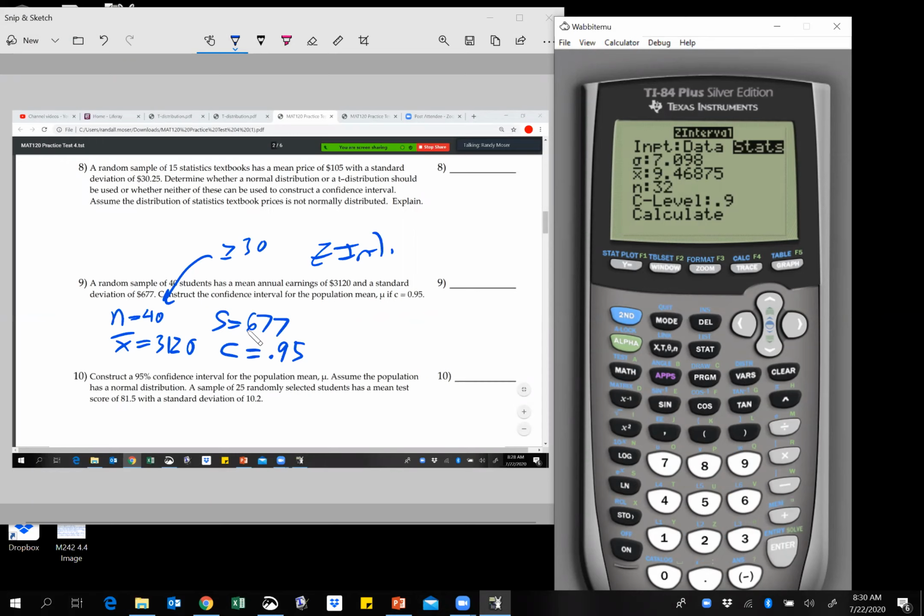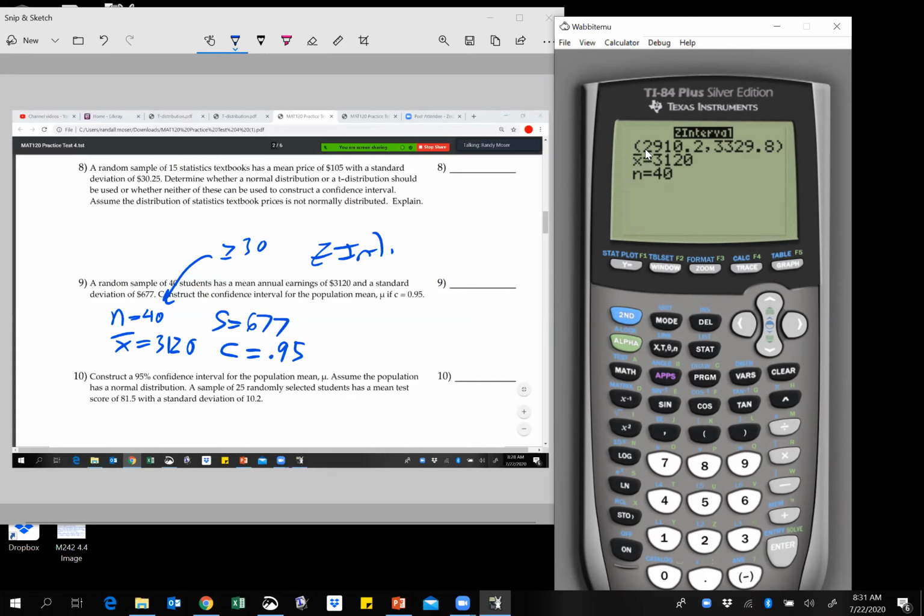We know technically it's s, but we're going to put it in anyway. It's 677. Our sample mean was 3,120. Our sample size was 40. And we want the 95% confidence level, so 0.95. Go ahead and hit enter.